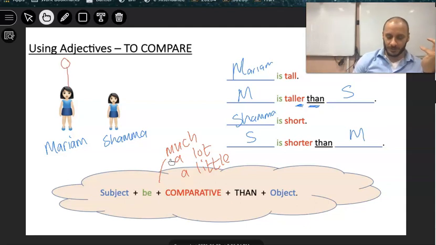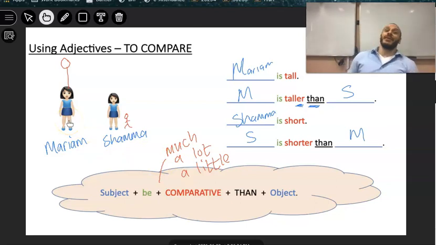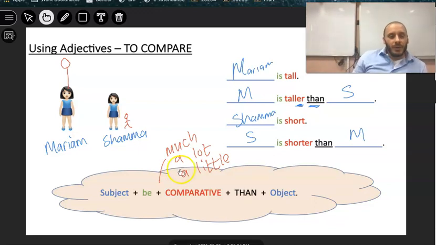Mariam is much taller than Shama. Same, Mariam is a lot taller than Shama. Mashallah, yani wide taller.